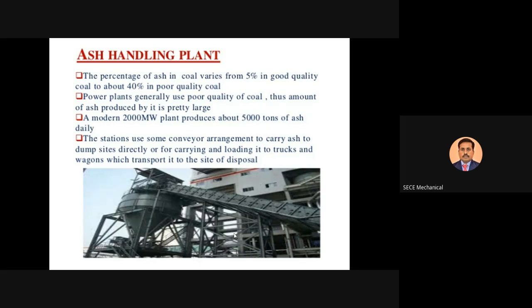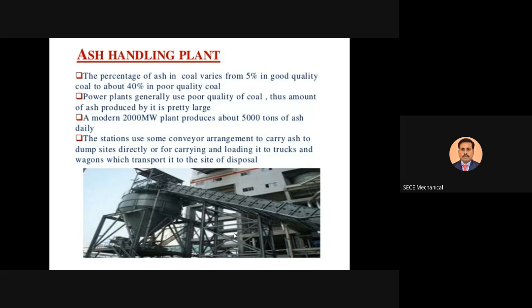A modern 2000 megawatt power plant produces about 5,000 tons of ash daily. So please imagine, if you are producing 2000 megawatts, we have to use around 10,000 tons of coal, meaning it gives 5,000 tons of ash daily.